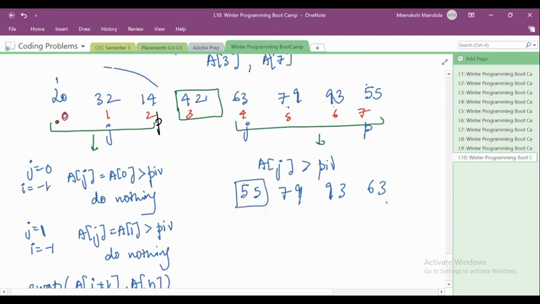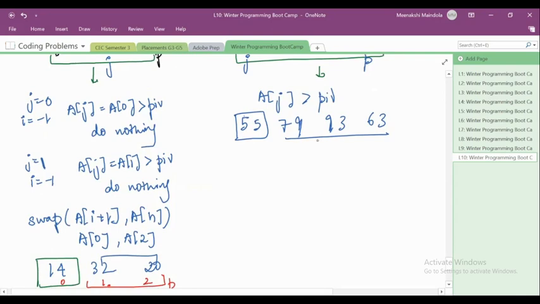Now you are remaining with this subarray. With this subarray, this is considered as pivot, this is considered as j. Again, you compare with A of j. A of j here is greater than the pivot element. This value is also greater than the pivot element. So nothing happens and you swap the values of j and the pivot element. So you have 55, 63, 93 and 79.